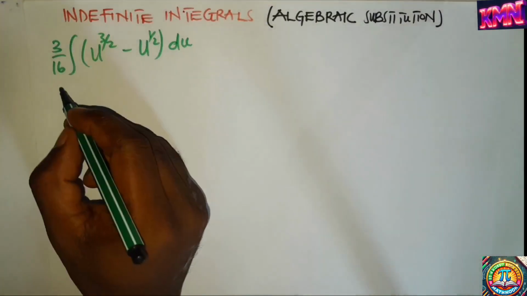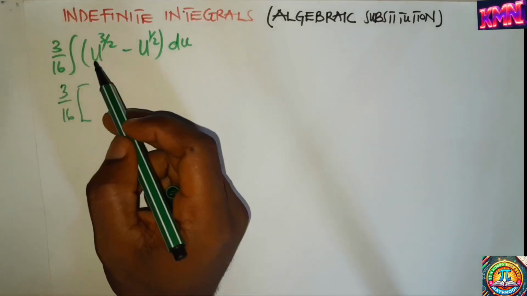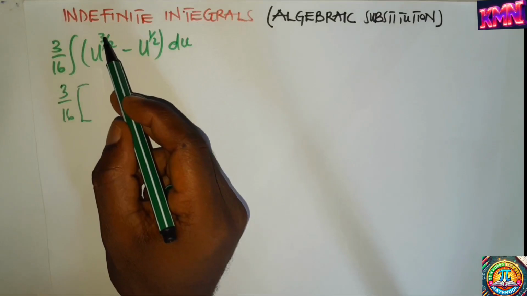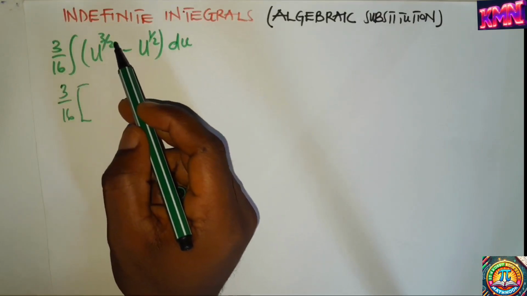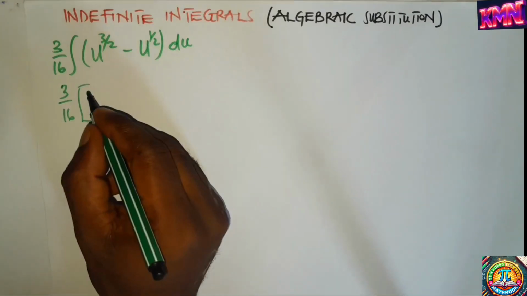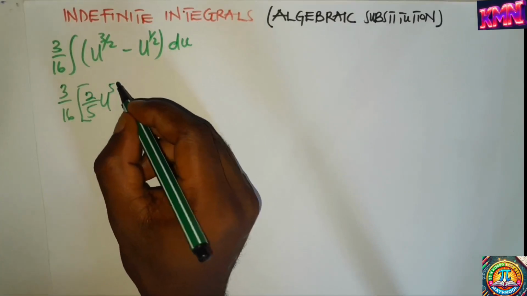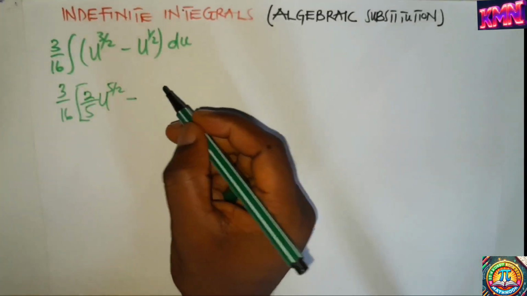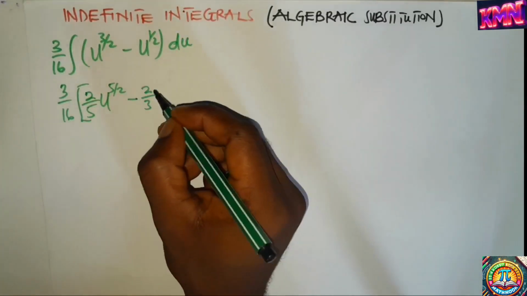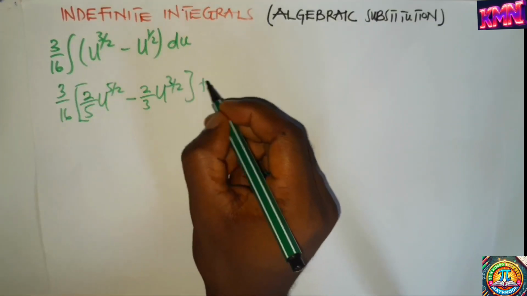Integrating, we have our constant 3 on 16, and over here when we add 1 to 3 on 2, it gives us 5 on 2. So when we reciprocate here, we're going to get 2 on 5 u power 5 on 2 minus 2 on 3 u power 3 on 2 plus c.